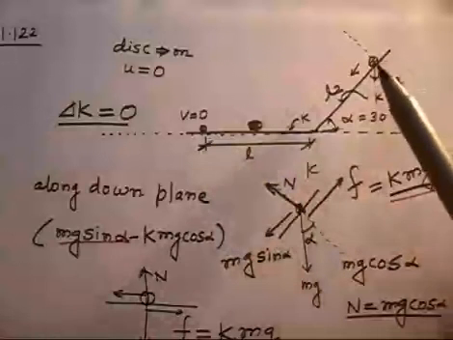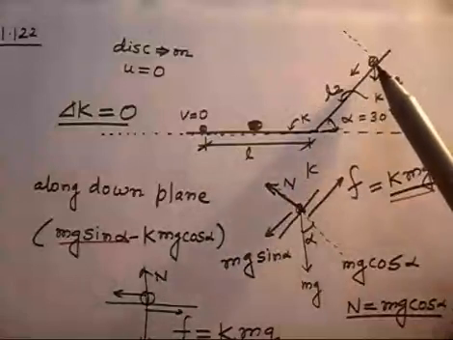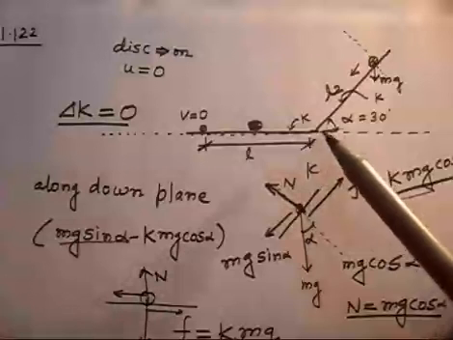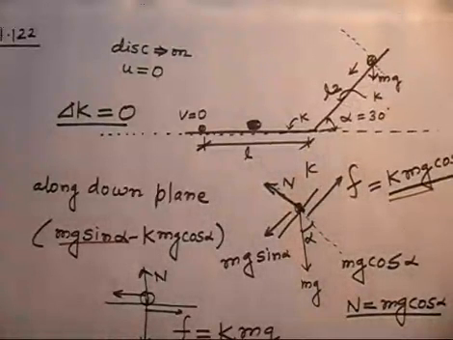In terms of this velocity, I know the velocity here because I know the acceleration. So if I use the initial velocity and the final velocity becomes 0, I can use this fact and then I can find what this distance is. And now if I use this distance, I can find the total work done by frictional forces.